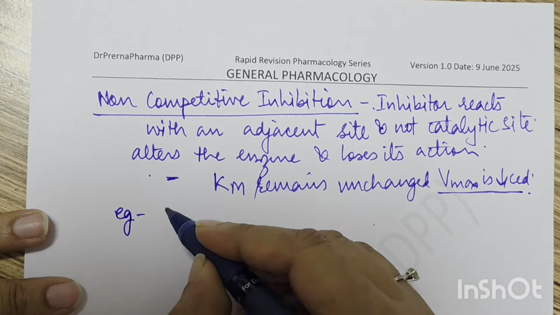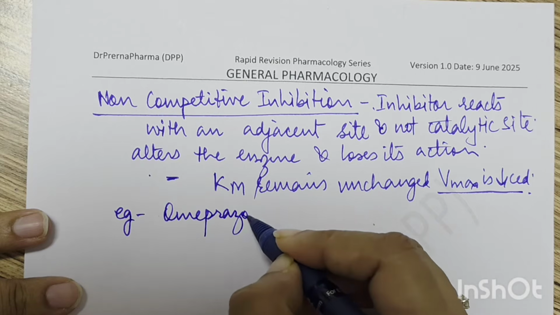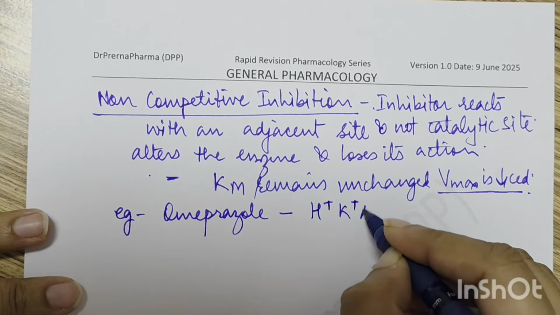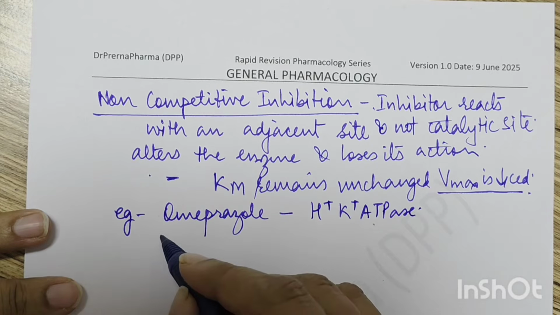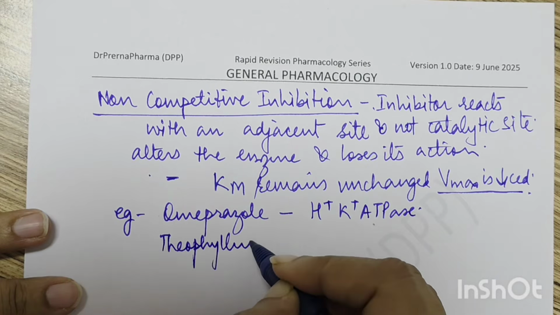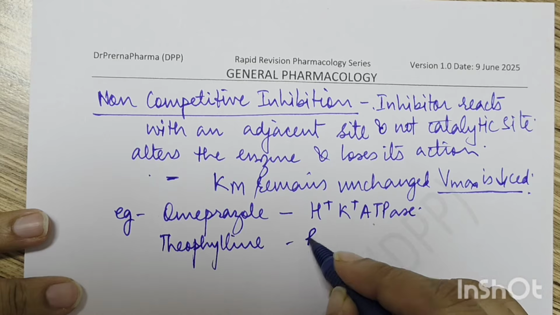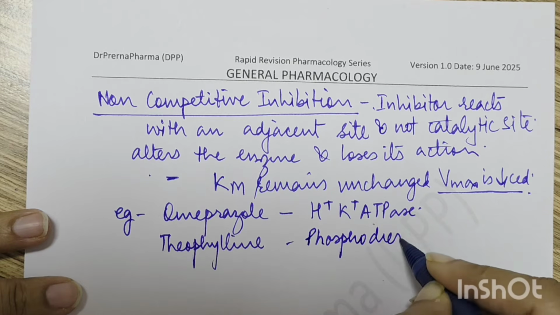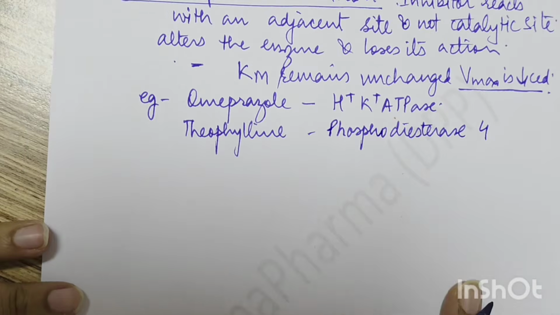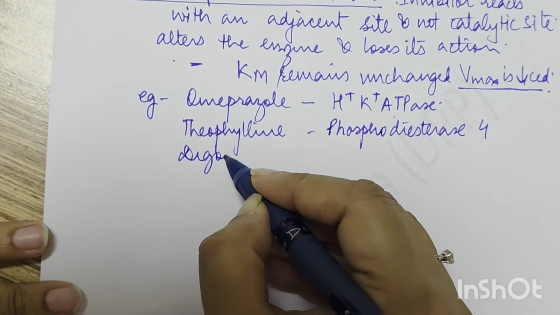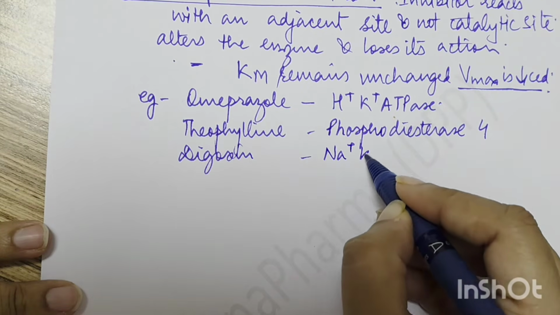I'll give you some examples, like omeprazole inhibits hydrogen potassium ATPase enzyme. Theophylline inhibits which one? Phosphodiesterase 4. Then we have digoxin, which inhibits sodium potassium ATPase.